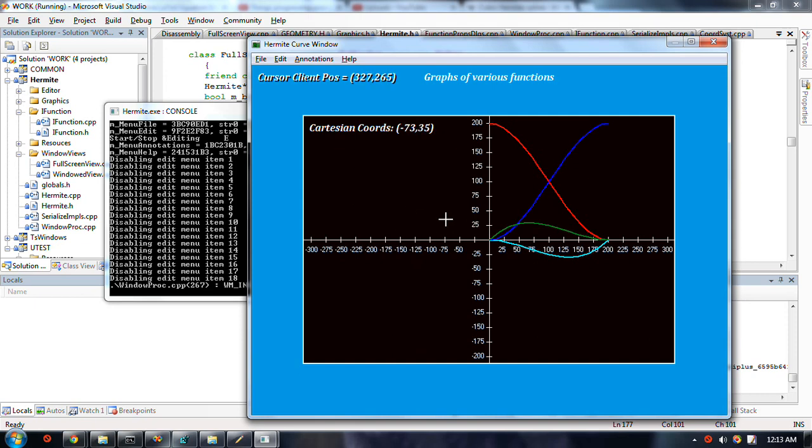The higher the degree, the more possibilities there are. But as far as for cubic, there's only one solution for any given points and their tangent. And it's given, well, I'll show you what it's given by next time. And I'll show you why it works and how it works and why this is very easy to understand.